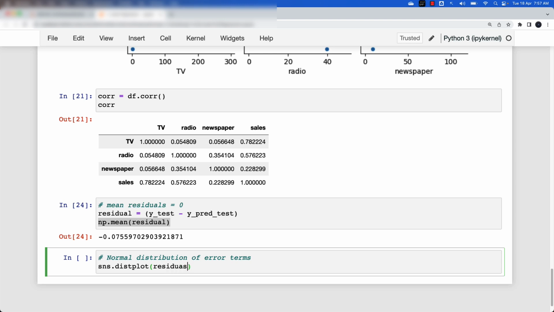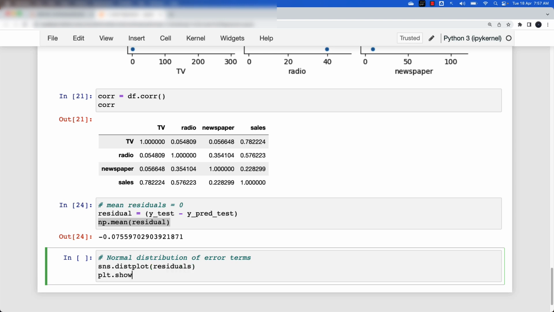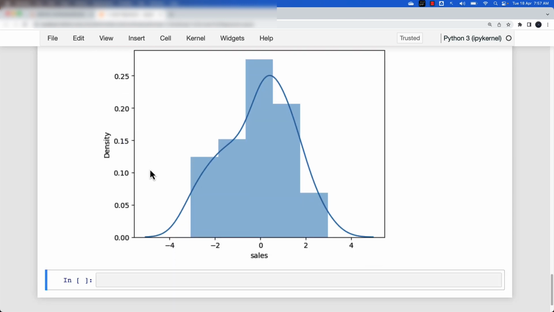So if I plot the residuals and do plt.show, this is how the plot would look like. We can clearly observe that there is a normal distribution of the error terms.